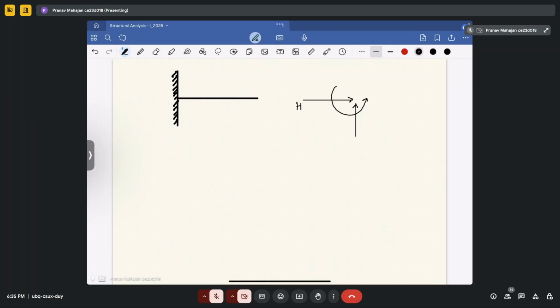So this is your horizontal reaction, this is your vertical reaction, and this is your moment. In this case, all 3 are available. So your degree of freedom for a fixed support will be equal to 0.